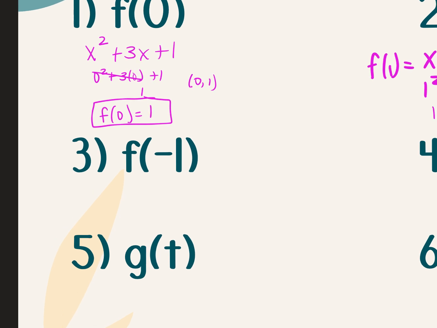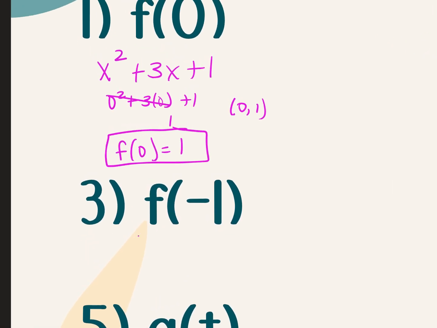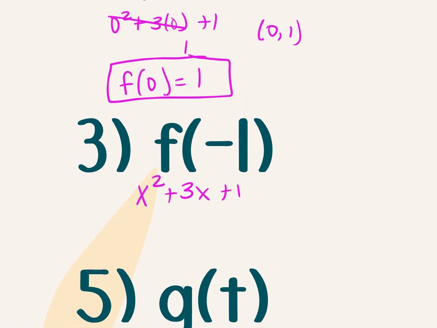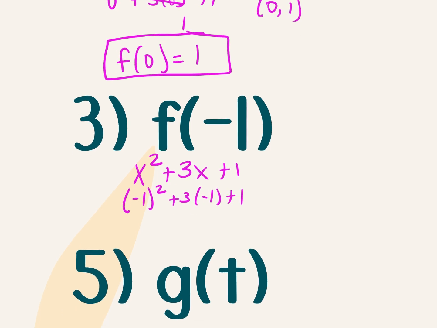All right, let's look at number 3. I'm using the same function, but I'm evaluating using what number? -1. Okay, let's see if that changes our answer here. So in my parentheses, I'm going to have -1 squared because I'm plugging in -1 for x. Then I have plus 3 times -1 plus 1. What is -1 squared?